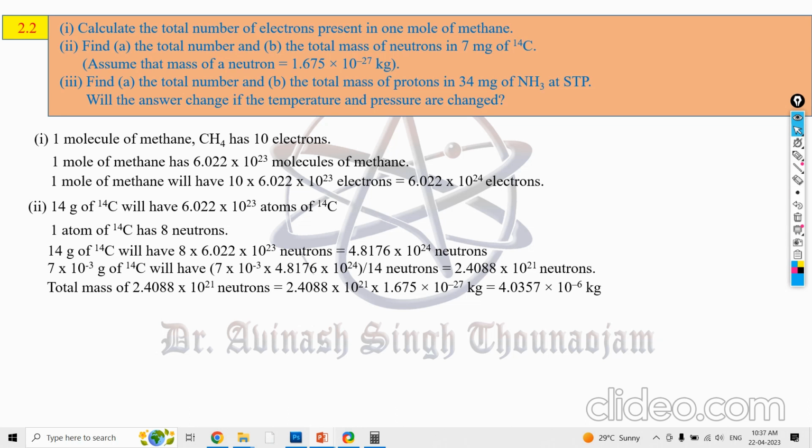Of ammonia, how many protons will it have? It will have 7 plus 3, so that is 10 protons per molecule of ammonia. So if you take 1 mole of ammonia, that will have 10 times Avogadro number of protons.